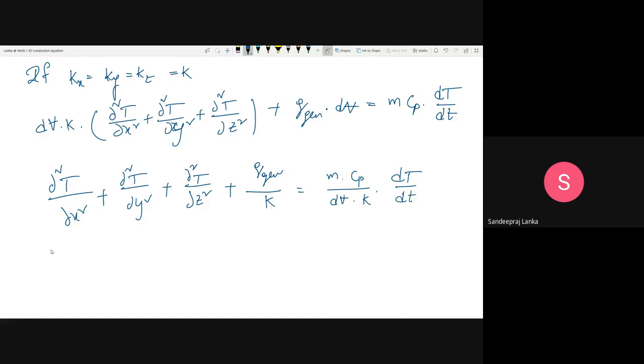So this is how your equation will be. And in this equation, what is mass by volume?